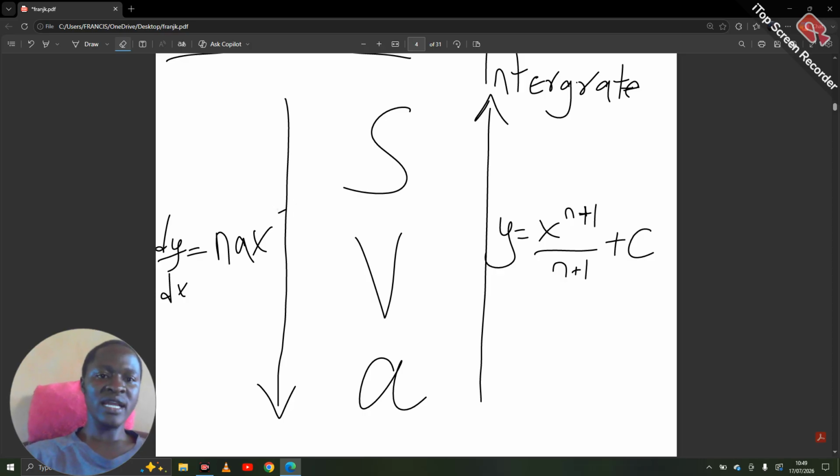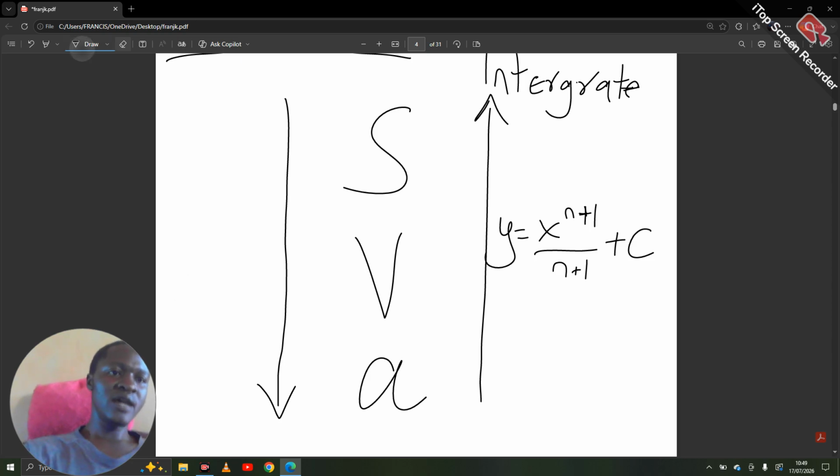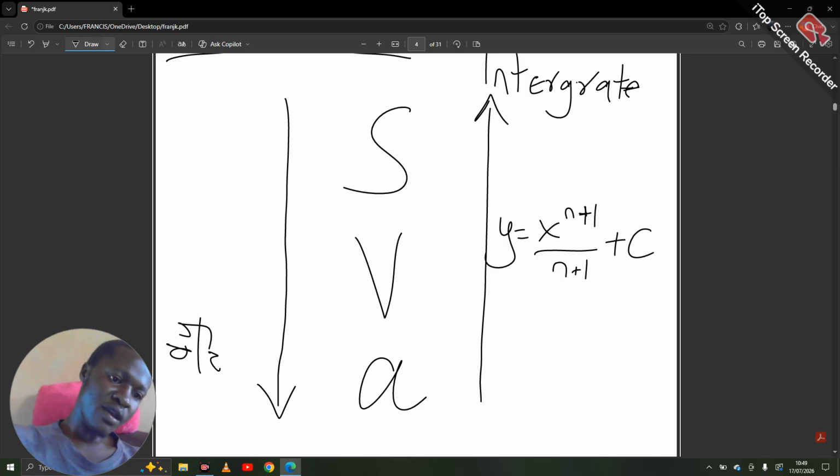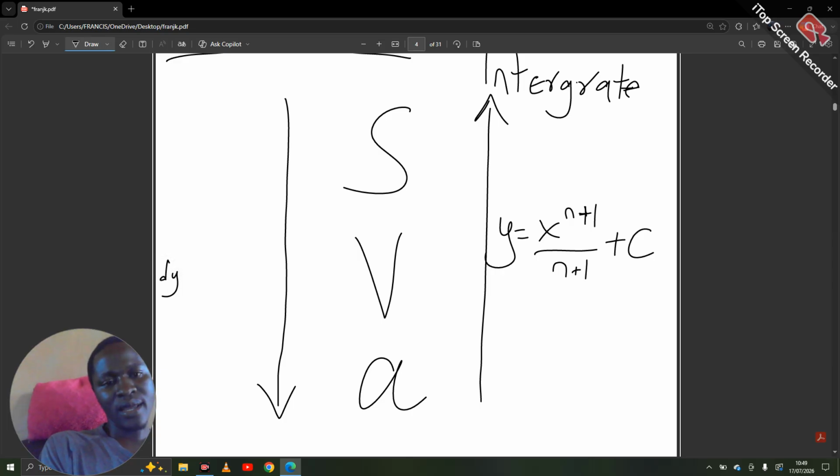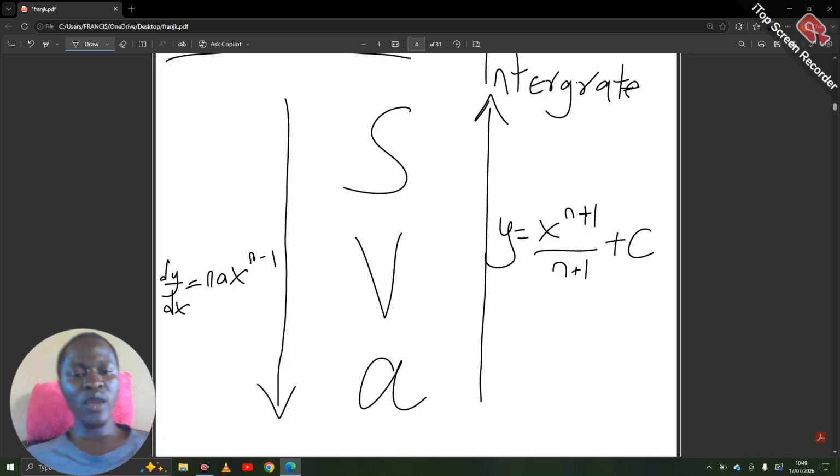I don't know how I'll write it very neat. Let me write it going slant this way. It will be difficult. Now, let me just squeeze it. dy over dx equals n x power n minus 1. But I hope you have that formula with you.